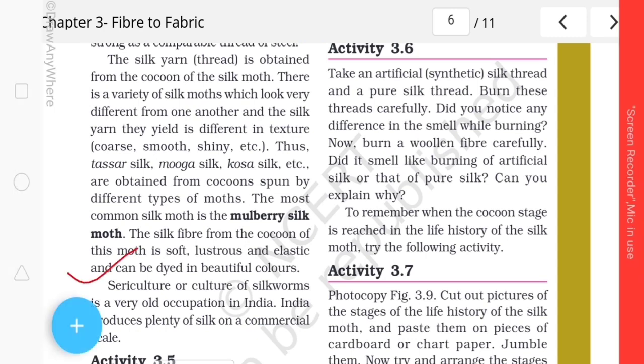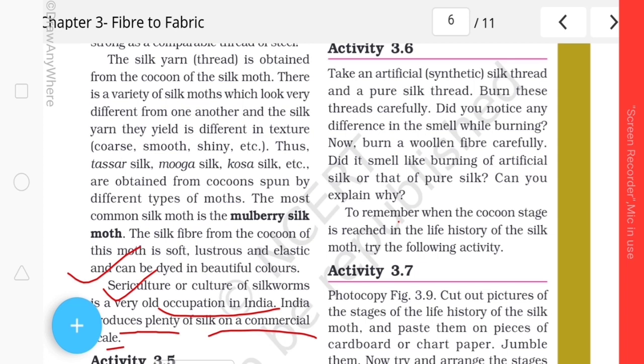So sericulture, or culture of silkworm, is a very old occupation in India. India produces plenty of silk on a commercial scale. Sericulture means the rearing of silkworms to get silk fiber. It means from the primitive days onwards, people in India have followed sericulture.